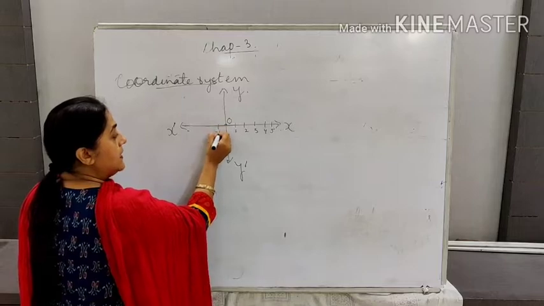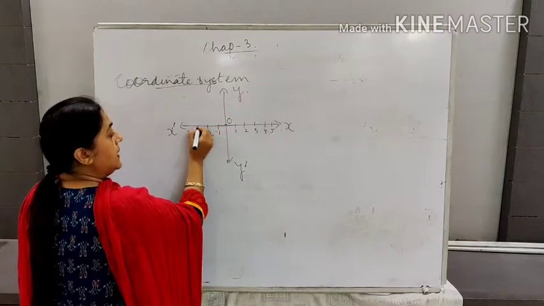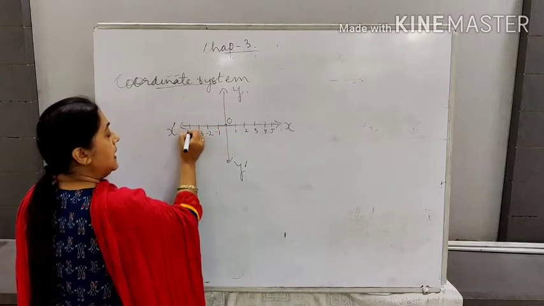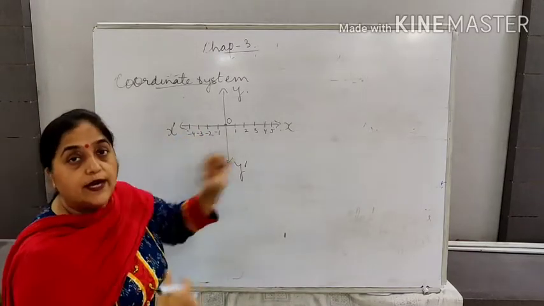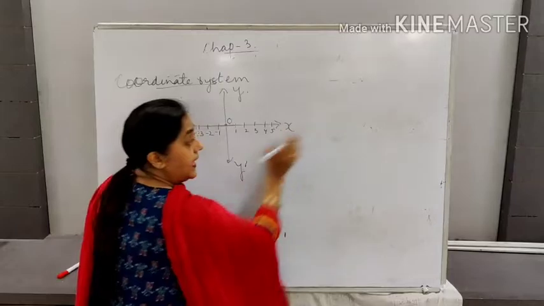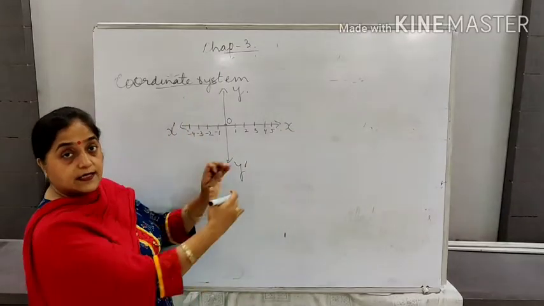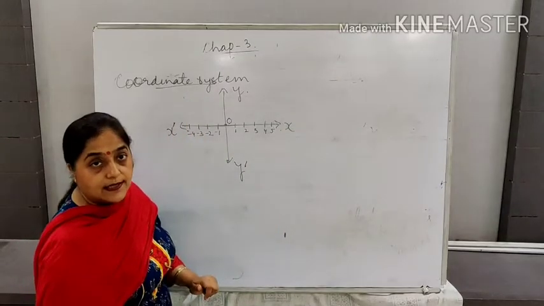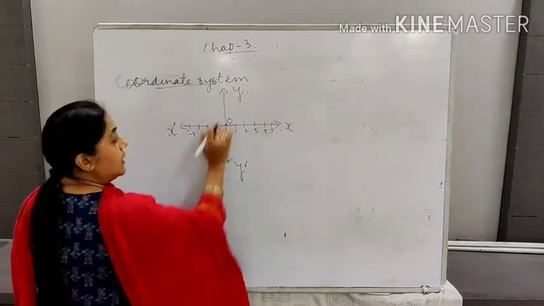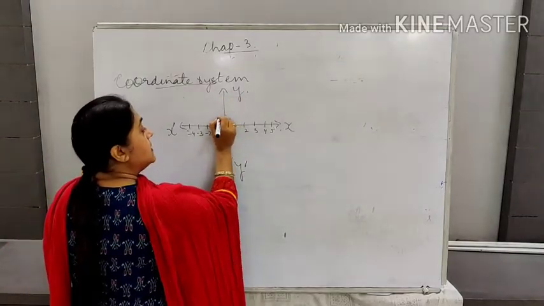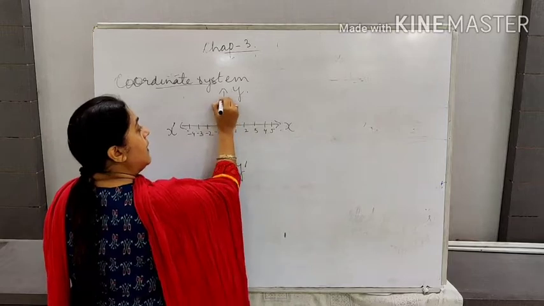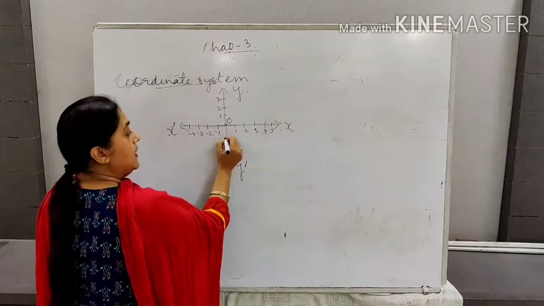And if I talk about the left hand side, -2, -3, -4 and so on. I can plot infinite number of points on x-axis and y-axis by extending these two lines. Similarly, when I am talking about y and y dash, at the same distance, I will take up 1, 2, 3 and so on.